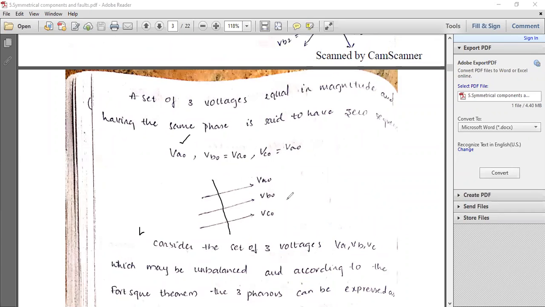The phase difference is completely zero. That's why VA naught is equal to VB naught is equal to VC naught. Is it okay? Right. So this is about the positive sequence phasors, negative sequence phasors and zero sequence phasors.